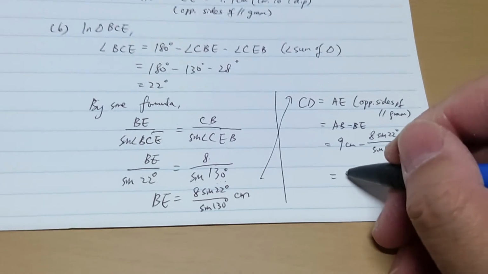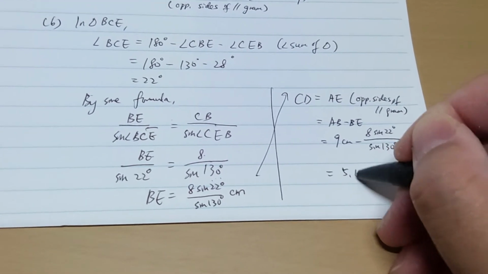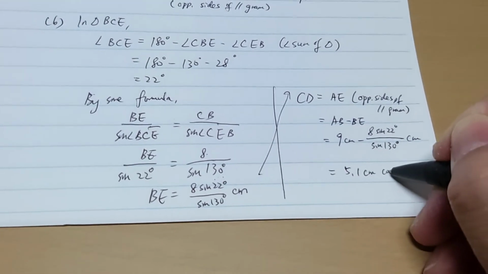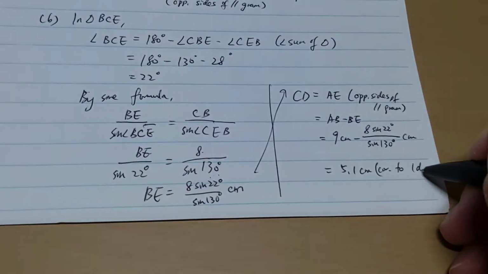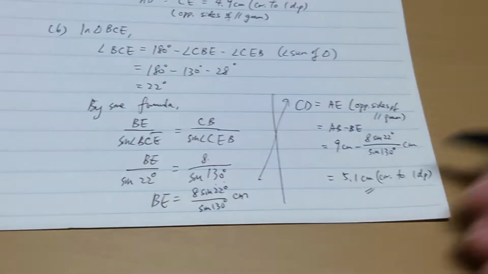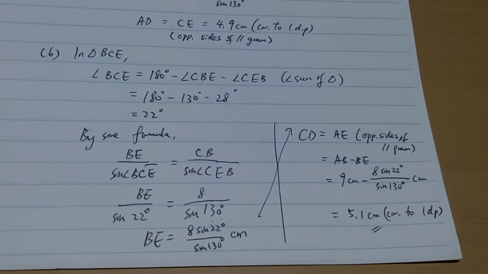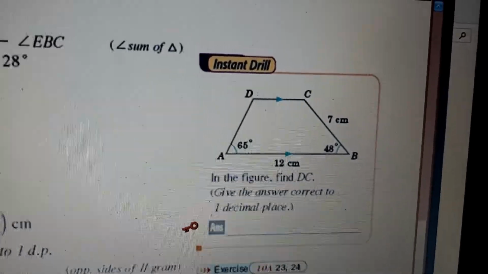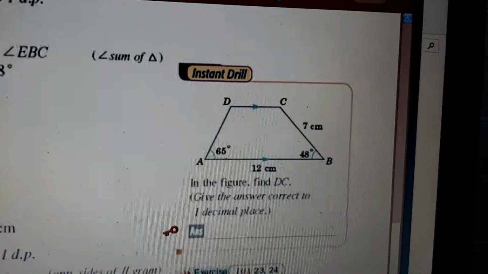Okay, so after calculation, we can get 5.1 cm, correct to 1 dp. So now you can try this question, instant drill.